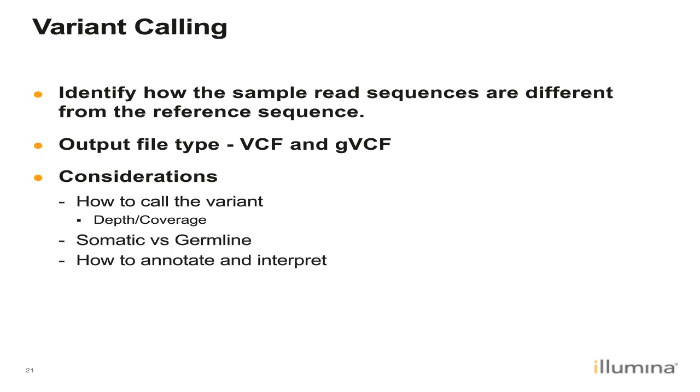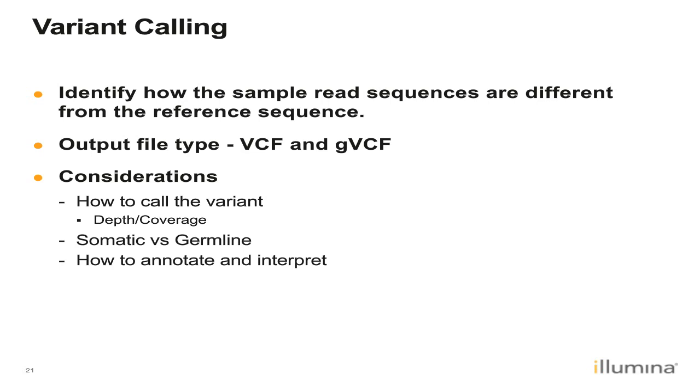Okay, so some considerations for variant calling. How to call the variant, basically your depth and your coverage. Did you do a 10x coverage versus a 70x coverage? Of course, that's a big difference in coverage, and will change if your variant is called or seen or not. Then we have somatic versus germline, which we're going to illustrate a little bit further, but somatic basically means you're going to be looking for your low frequency variants, variants that are occurring perhaps in a tumor tissue or some type of cancer research, versus germline.